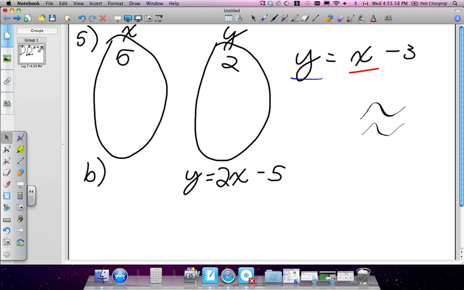Okay, so, the sum of the input and output, how would I represent that? Since the sum means addition, so x plus y? Yep, x plus y is equal to 5.